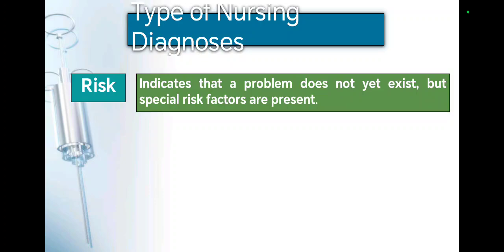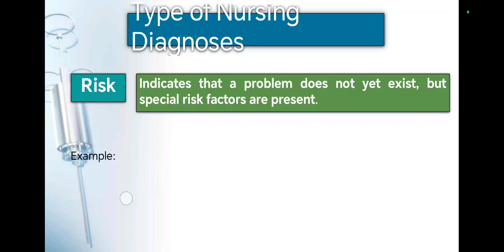Now, there's an open wound, okay? Now, you have seen that the patient has poor grooming or poor hygiene, and he or she doesn't know how to do wound care. So that's a risk factor. However, there's still no problem because there's no signs of infection, but there are certain factors that could contribute to an actual problem. So you can use this one.